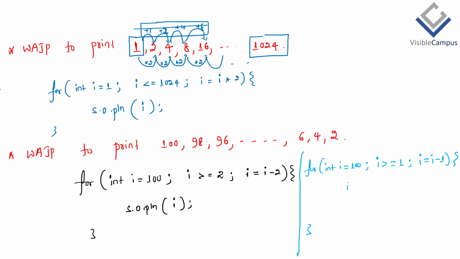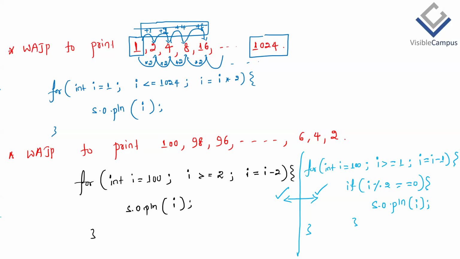Then I'll write a condition here. If that i value is divisible by 2, then only print that i value. System.out.println print i. Am I correct? Yes or no? Both are correct.